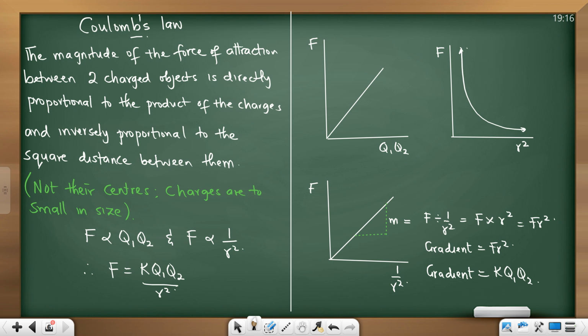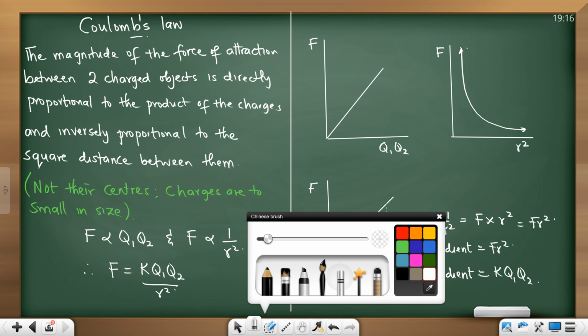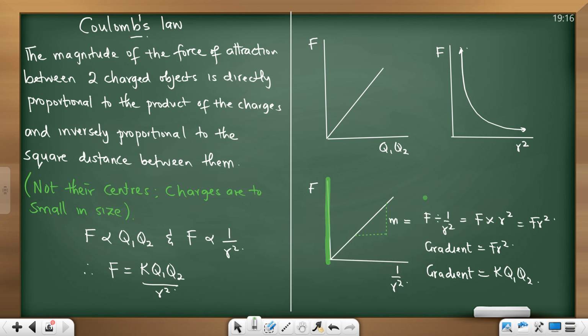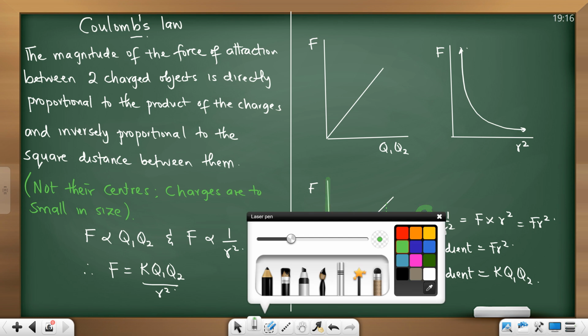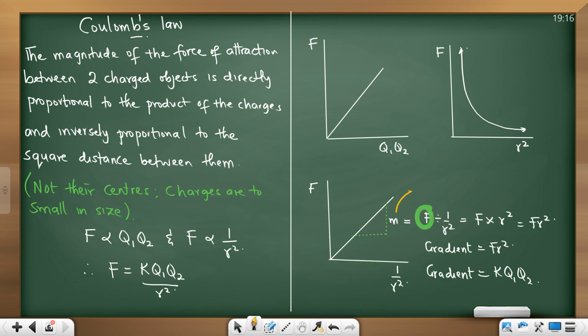So if we look at the gradient, change in y over change in x. I want to believe you are with me now. It is change in y over change in x, which is F over 1 over r squared.